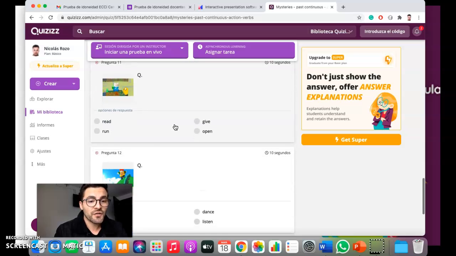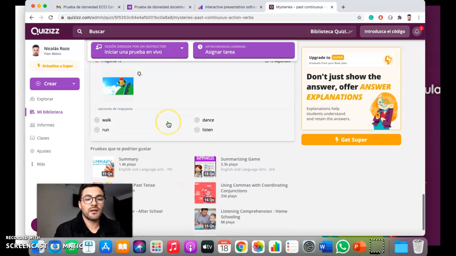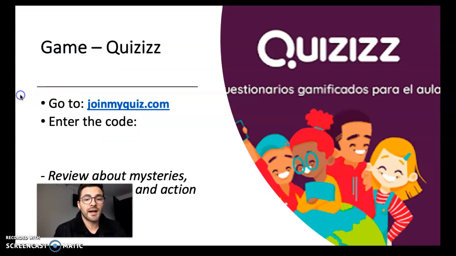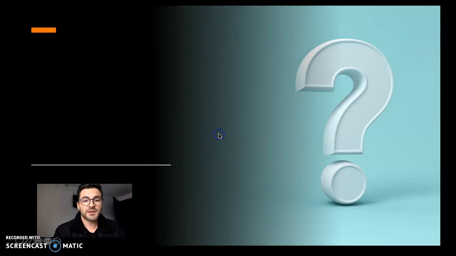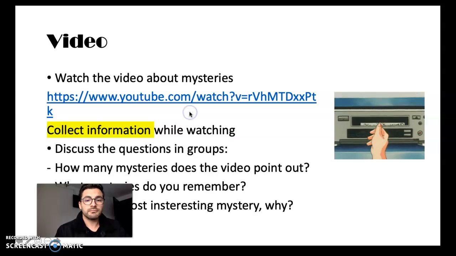Also, we have action verbs, which are some important vocabulary that we are going to use along the class. Very good, let's continue. And what mysteries do you know? Okay, all right. So there we go.